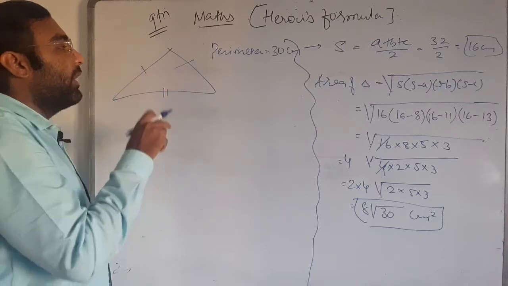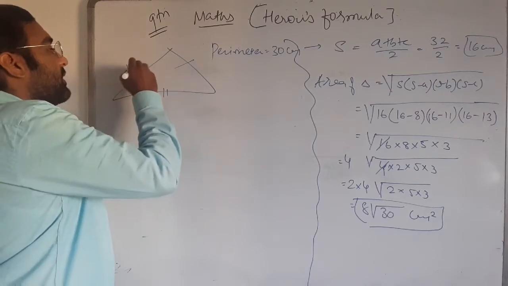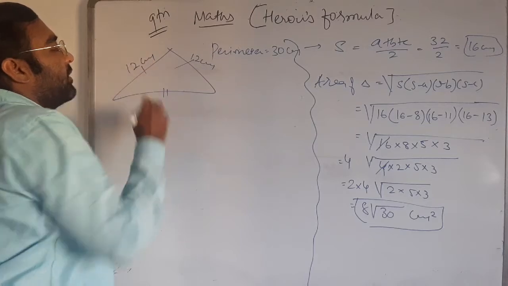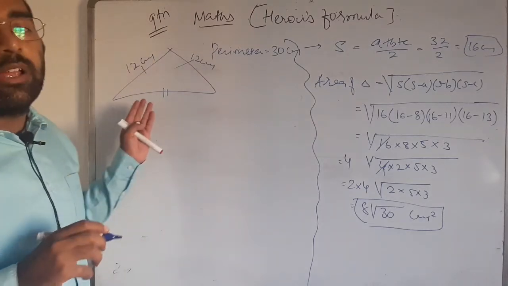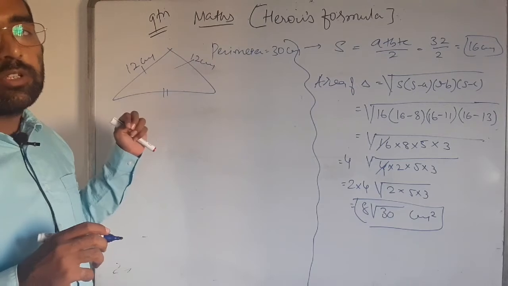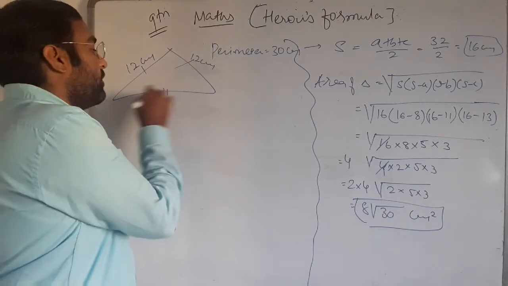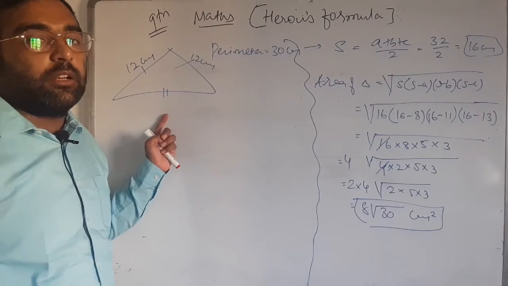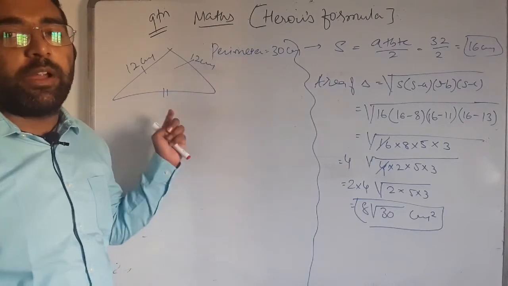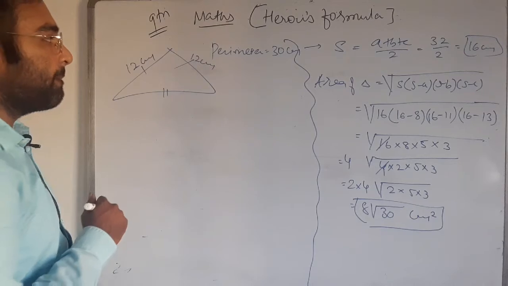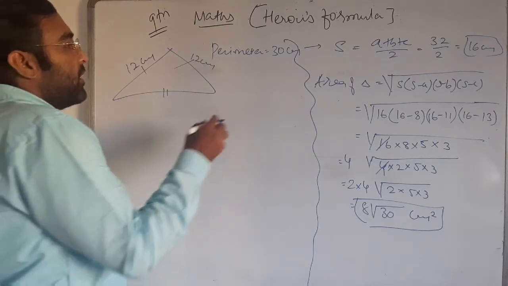Two sides are equal, and each equal side is 12 centimeter. We don't have the measurement of the third side, so to find it we have to use the perimeter, as in the previous question.